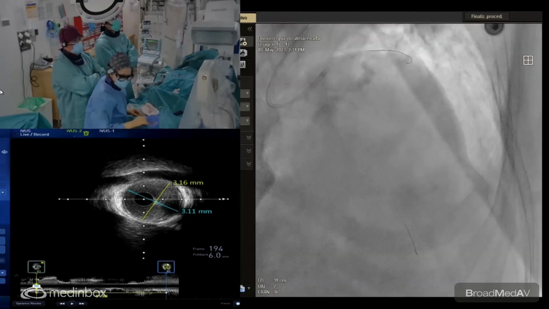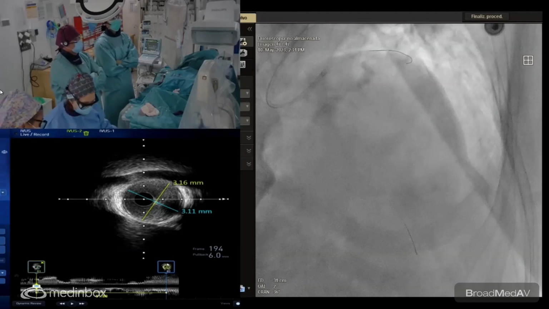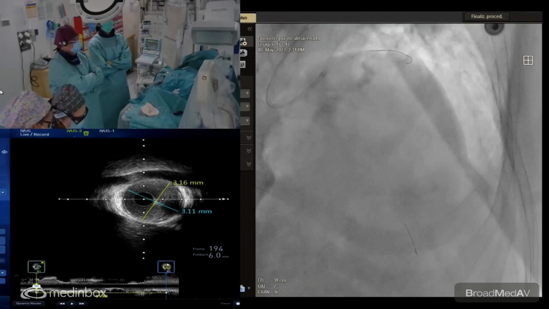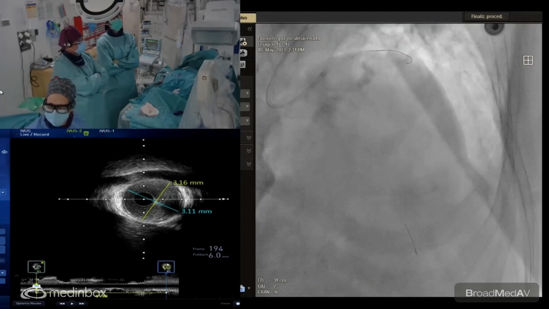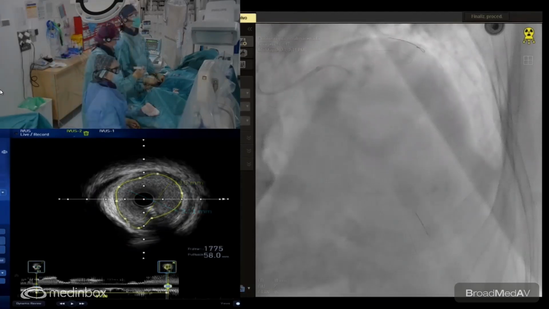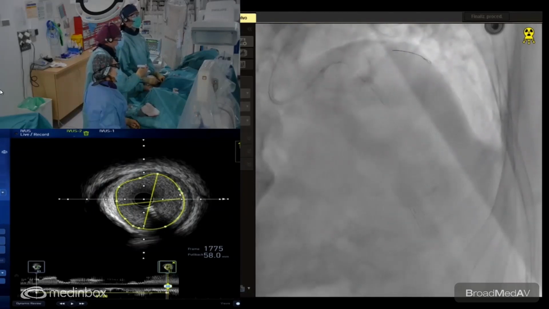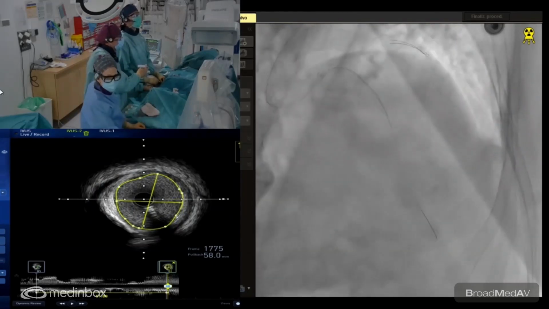Probably because of this tortuosity and calcification, I think we can use a 3 point something for the mid part of the vessel and a 3.5 just to have more options to overdilate the proximal part. Yeah. So this is a tapered stent, 60 millimeters in length, 3.5 in the proximal part and 3.0 in the distal one.